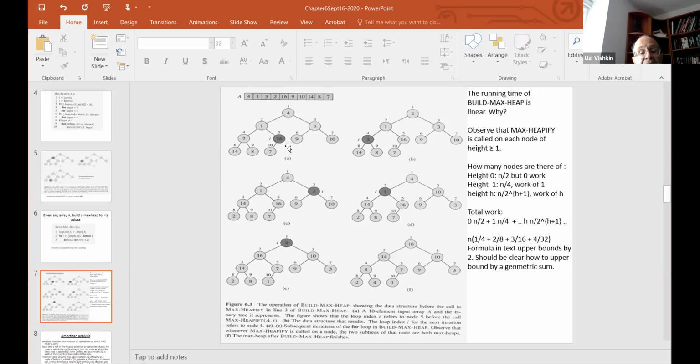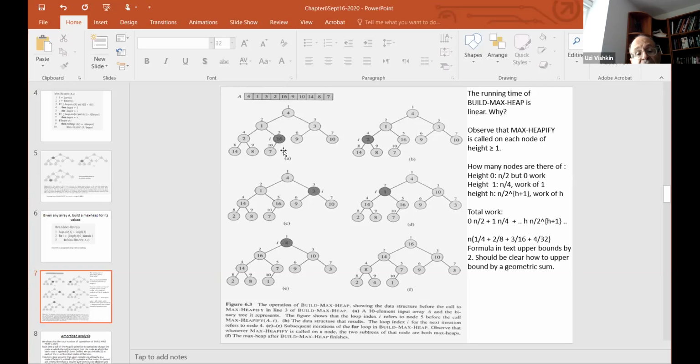Now, why am I insisting on starting with this node? The reason is that when I start with the lowest parents, it will be easy to handle them, because the only thing I need to handle here is a situation where we have a parent and one child.